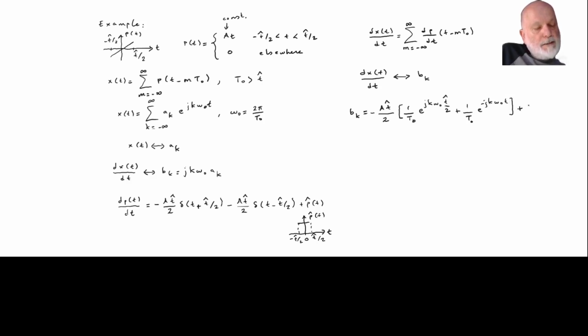Then plus we have the Fourier series coefficients of the rectangular pulse train. We already know that expression as A T cap over T0 sinc of k T cap over T0.